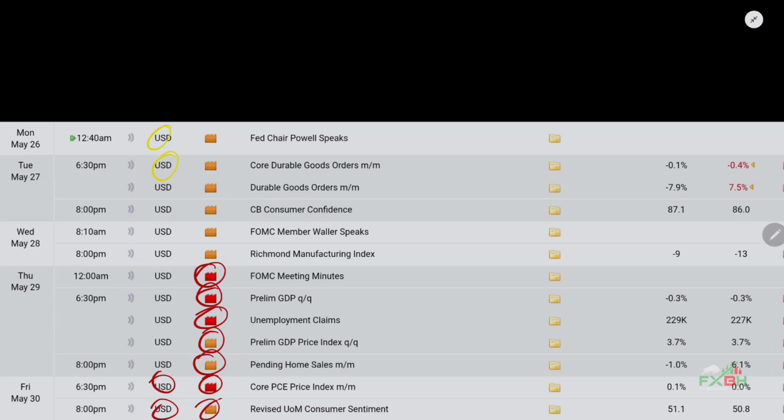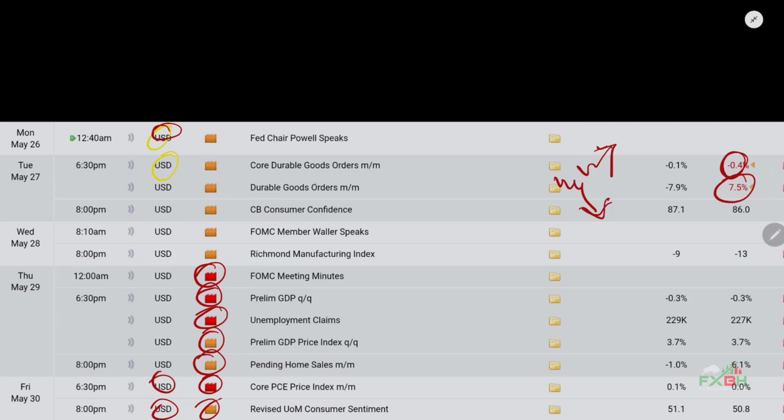On Monday we have one USD semi-major news, Fed chair Powell speaks, and if data comes with positive, like green color data, we will sell gold, and for negative data we will buy gold.